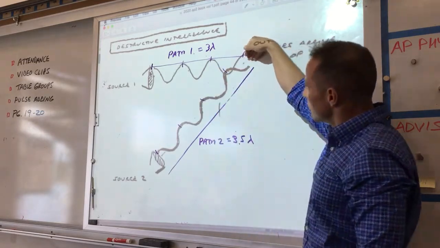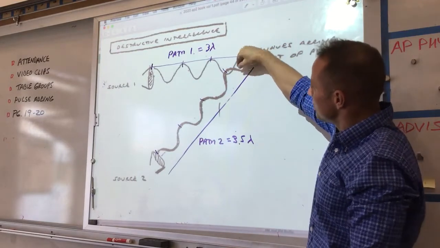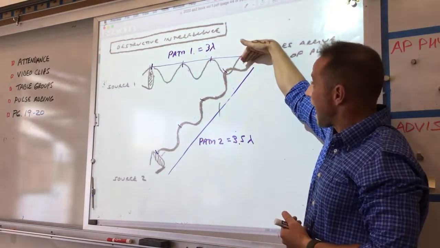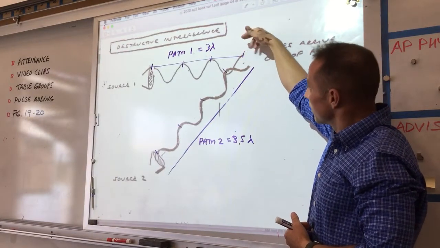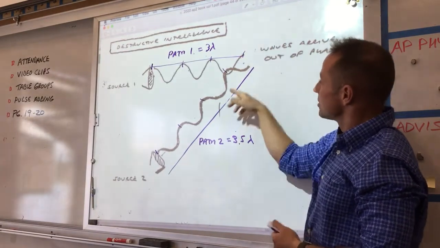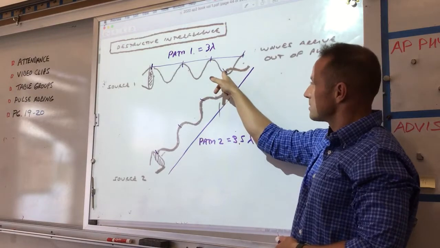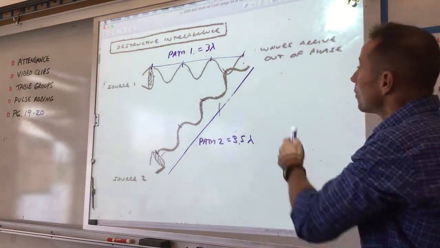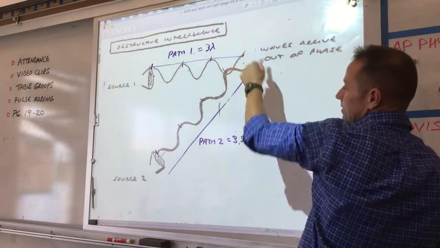So if your eardrum was here, these waves are going to conspire to make the air pressure stay flat. The air pressure is not going to wiggle between high and low because every time the bottom wave wants it to be high, the top wave wants it to be low and vice versa. So it's going to be dead quiet there, okay?